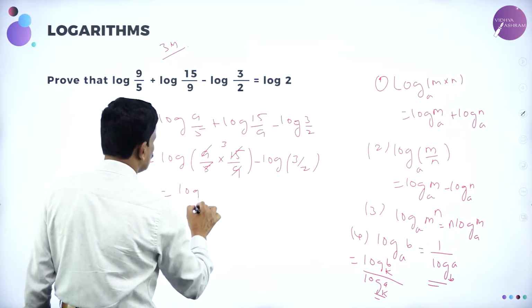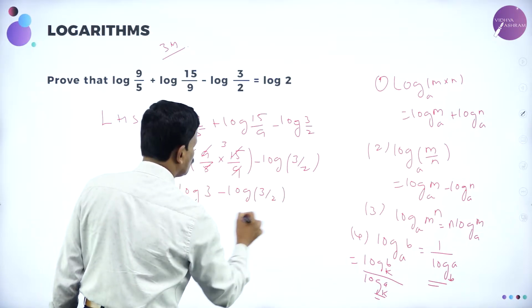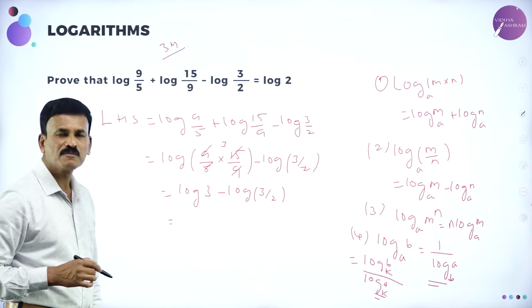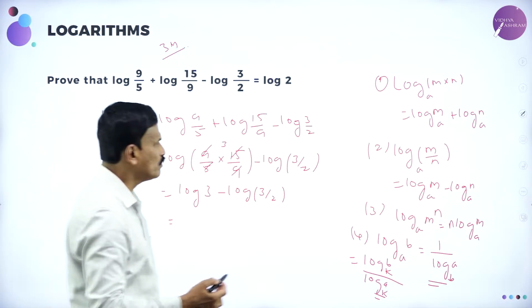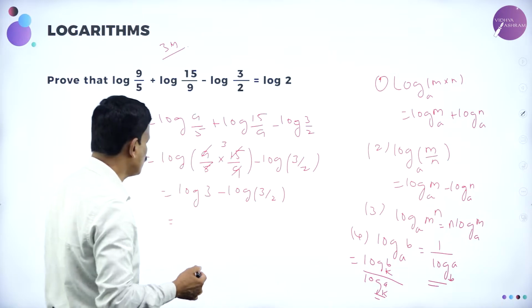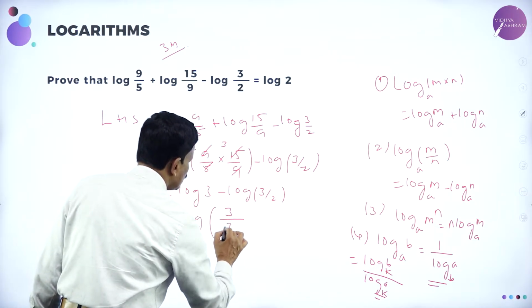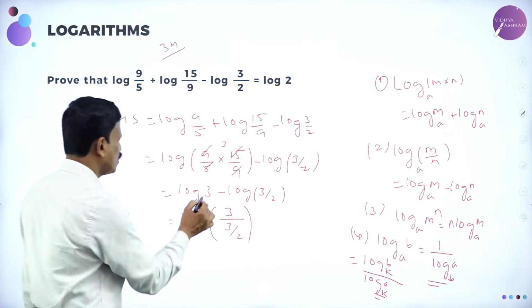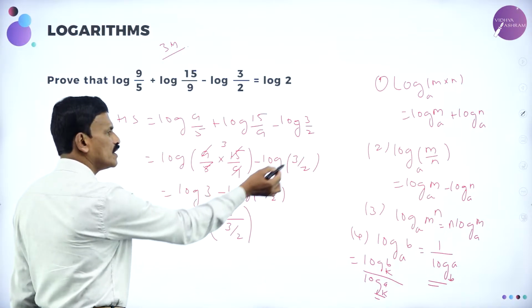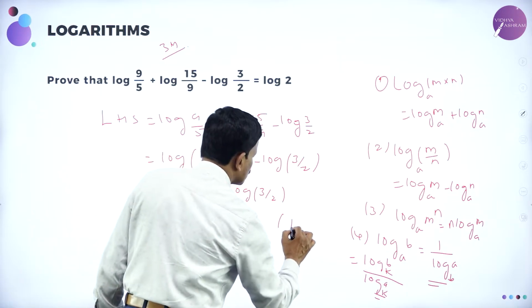So this is equal to log 3 minus logarithm of 3 by 2. Again, since this is of the form log m minus log n, log m minus log n is log m by n, second formula. So this can be written as logarithm of 3 divided by 3 by 2. See, log m by n is log m minus log n using the second formula. So yes, second law.